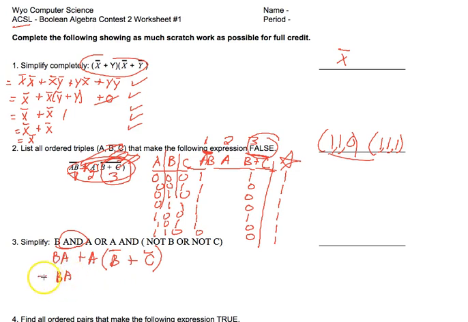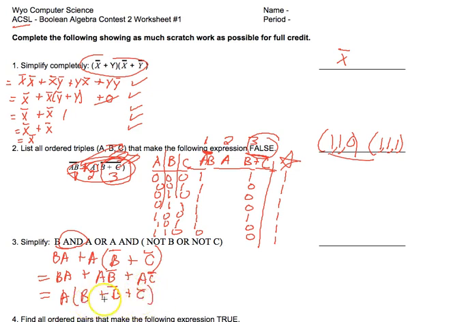I'm going to rewrite that step and use the distribution there and distribute out this A across this plus. And I look at this closely and I realize I could factor out an A from all three inner expressions.